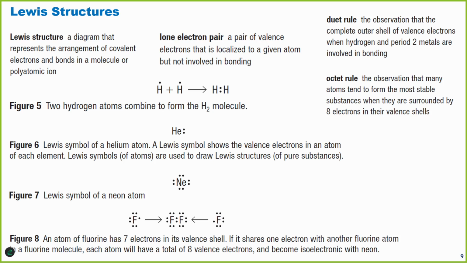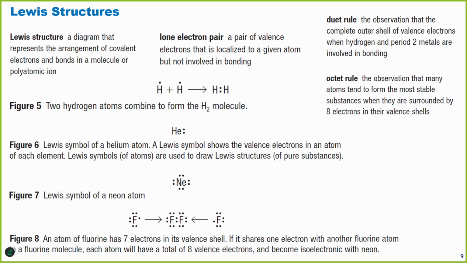Okay, let's summarize the main steps for drawing the Lewis structure. So first, we need to identify the central item, which is usually the element with the highest bonding capacity. Write the symbol for the central item, then arrange the symbols of the items for the rest of the elements in the pure substance around it.